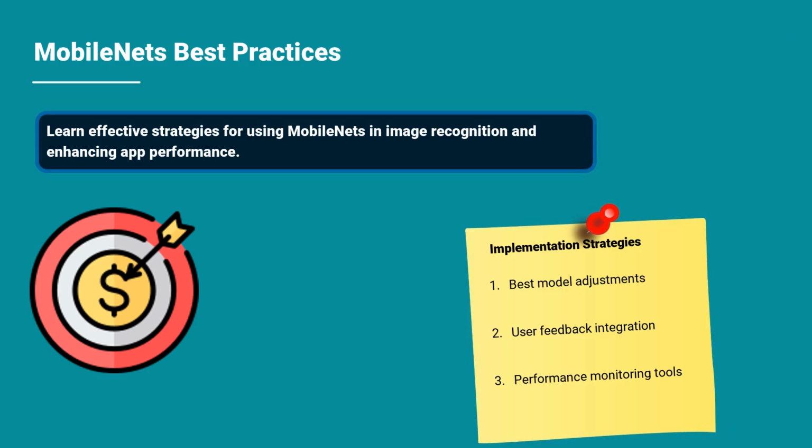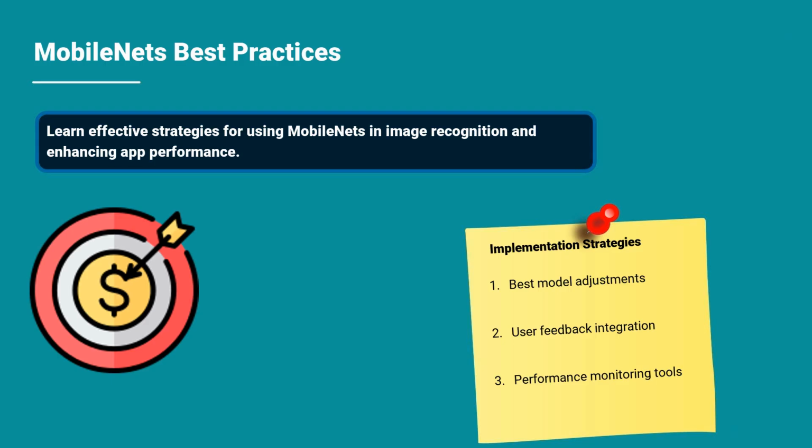When implementing Mobilenets for your applications, ensure continuous evaluation and adjustment of the model based on user feedback and performance metrics. Mobilenets provide a robust foundation for image recognition, but the final application should always evolve based on real user interactions and demands. To sum up, efficient use of Mobilenets for fast image recognition involves understanding the architecture, implementing preprocessing techniques, optimizing the model for mobile use, and continually assessing performance.